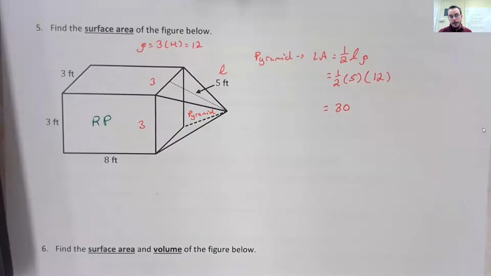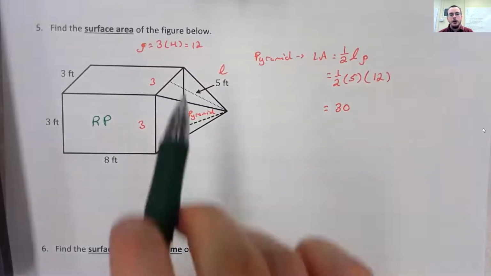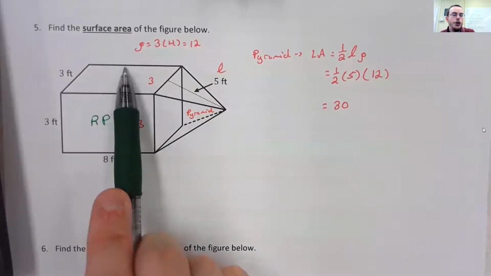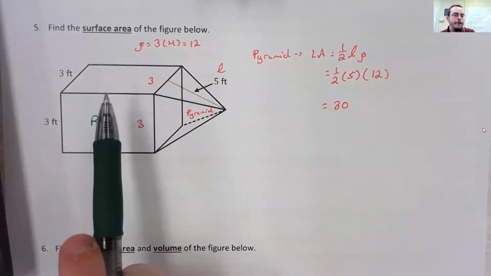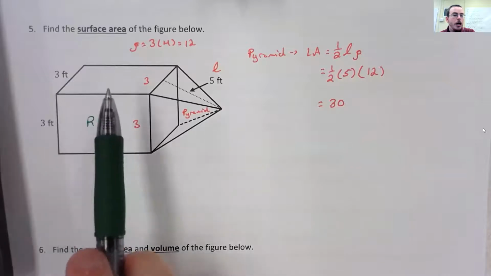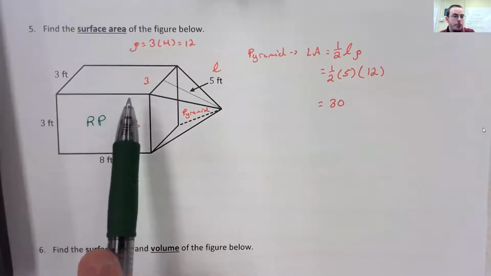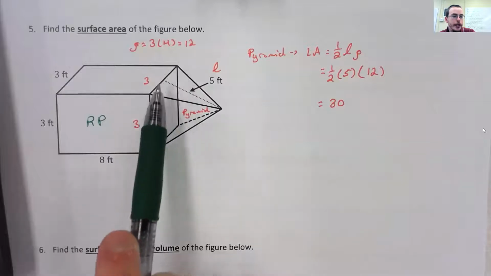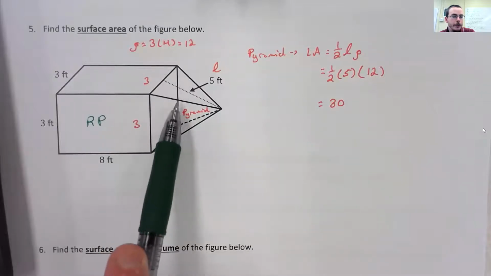All right, now the rectangular prism. And this is where it gets a little bit tricky because you have to pay attention to these things. The surface area of this rectangular prism, you normally have how many faces uncovered when you have a rectangular prism? You normally have 6, but in this case, you have the pyramid which is joined straight on to this square.